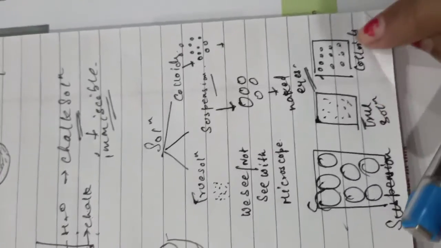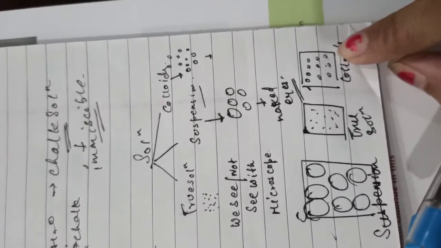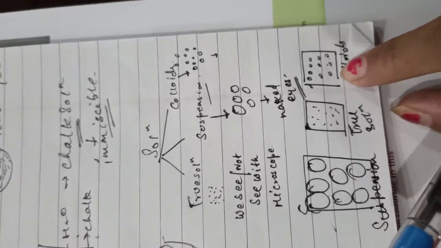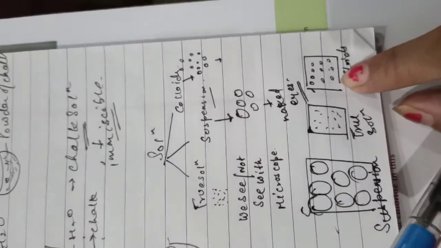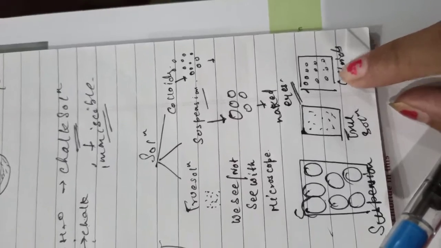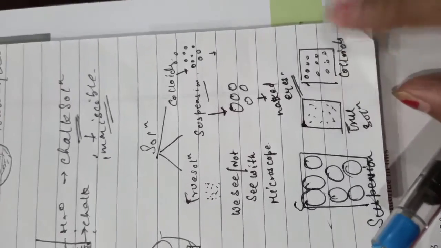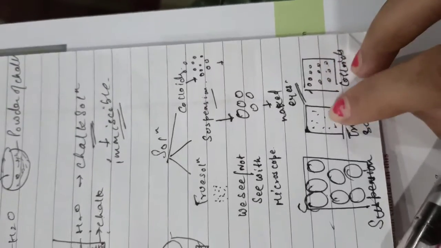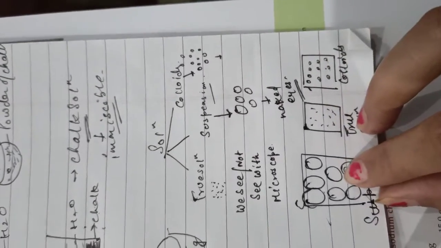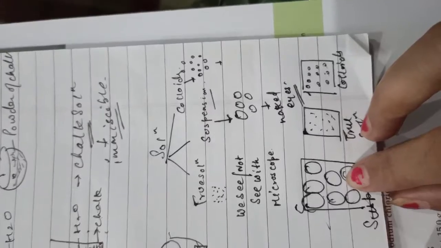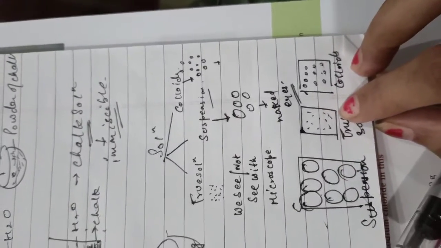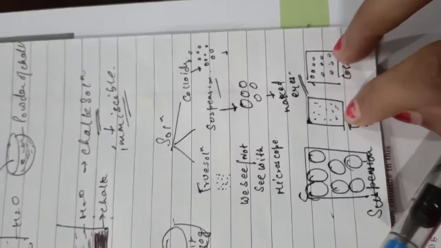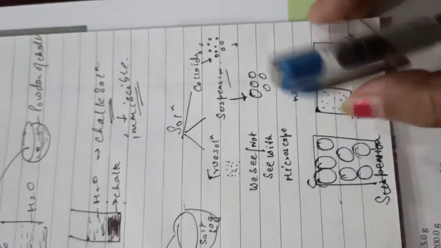This is the colloid. Colloids mean sometimes we can see with the naked eyes, or sometimes we cannot. Sometimes we use the microscope, sometimes we do not. So colloids are between the true solution and the suspension. Suspension has bigger particles, true solution has smaller particles, and colloids are in size between the true solution and the suspension. Understood?